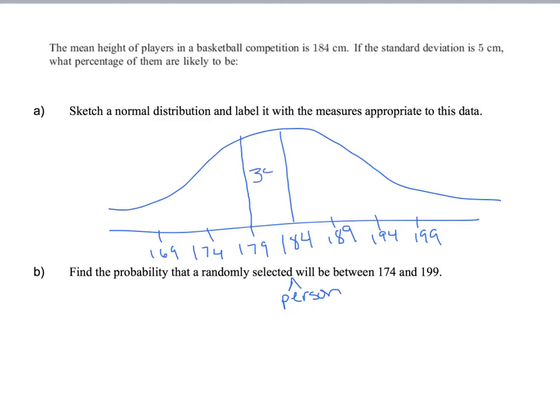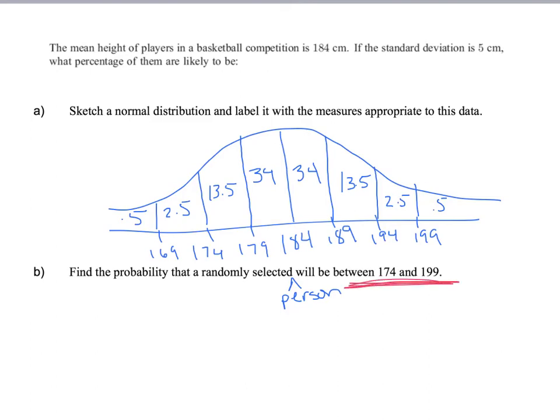So this is a 34, 34, and the more you write it, the easier this becomes. Then 13.5, 13.5, 2.5, 0.5, 2.5, 0.5.